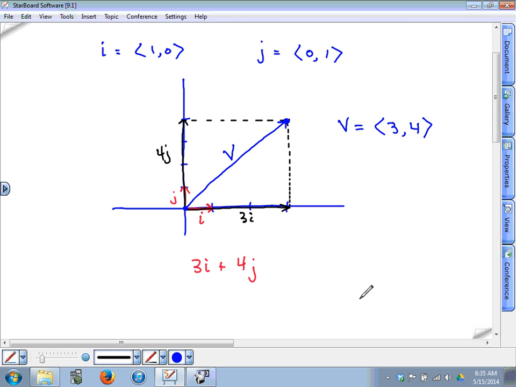To find a terminal point? Would you also agree that vector v could be written this way? Isn't that how we got vector v in the first place? Isn't that where vector v came from?